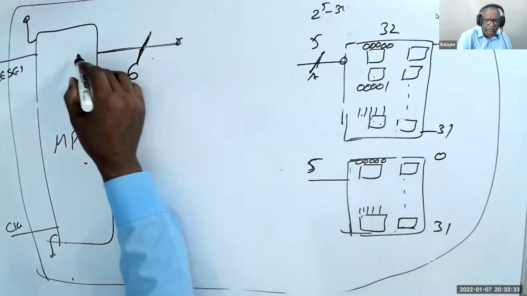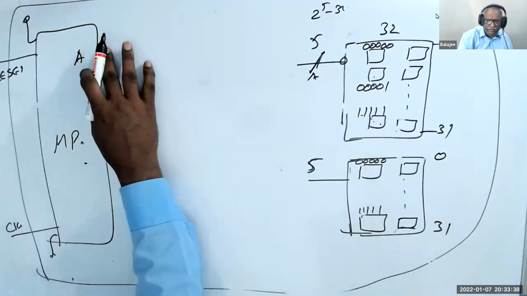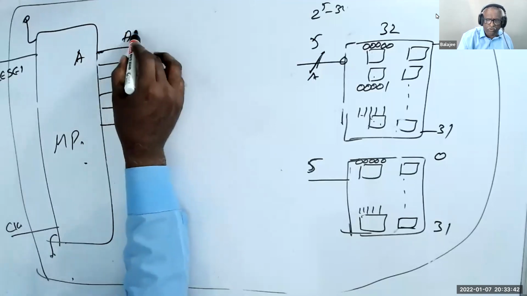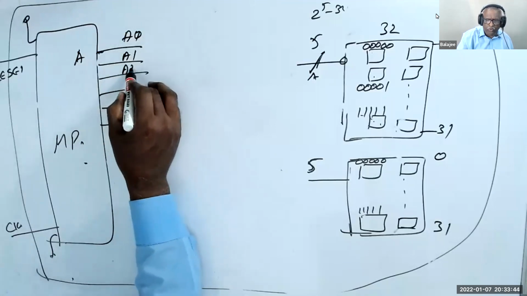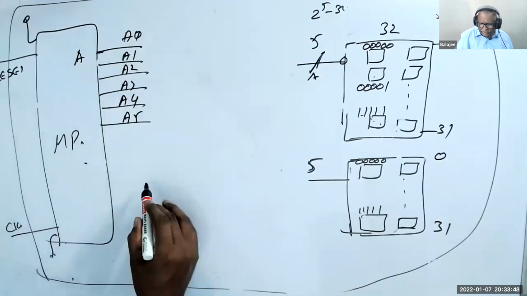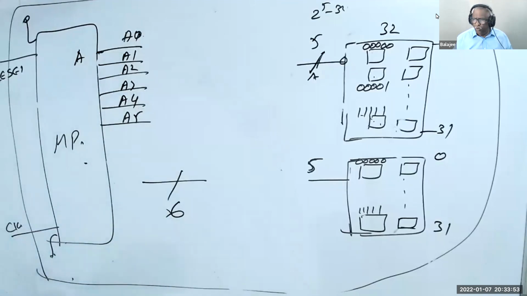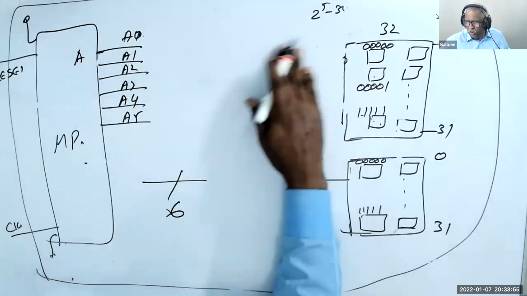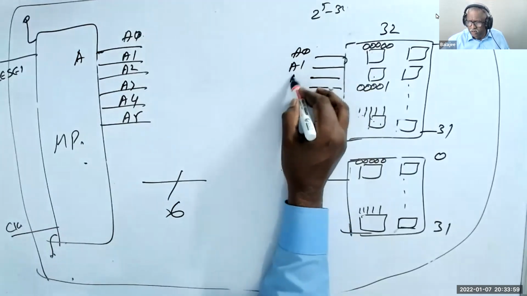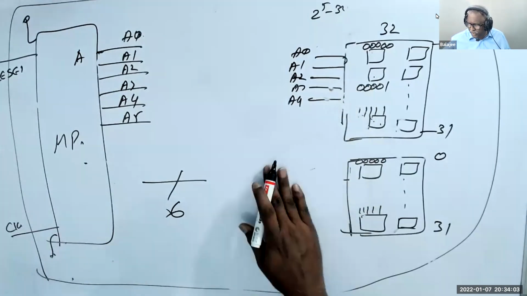The 6 wires we call A0, A1, A2, A3, A4, A5, because for 6 wires we number 0 to 5. Now this guy has 5 wires, A0, A1, A2, A3, A4, and this guy also has 5 wires because they are only 32.